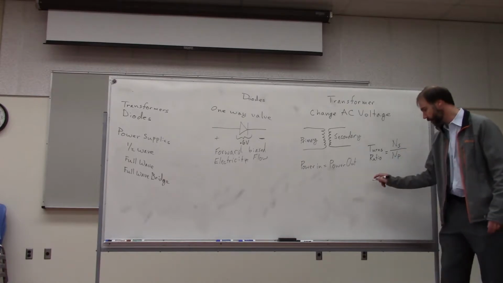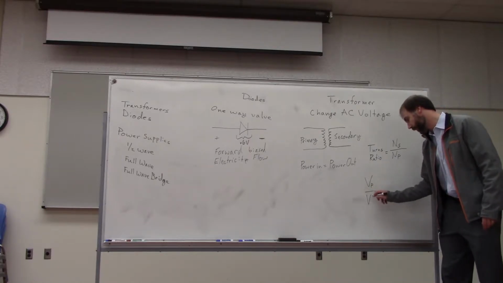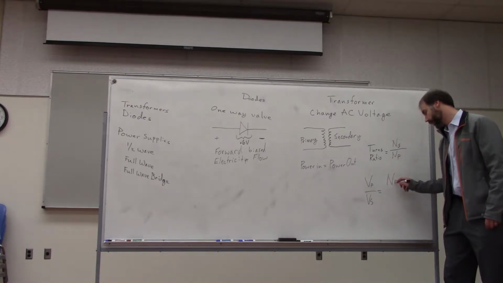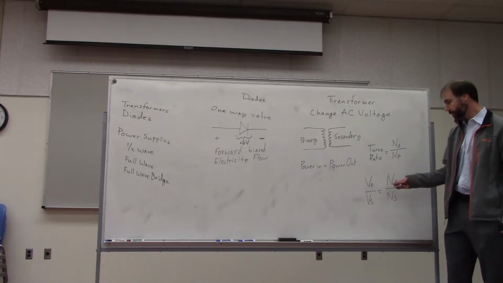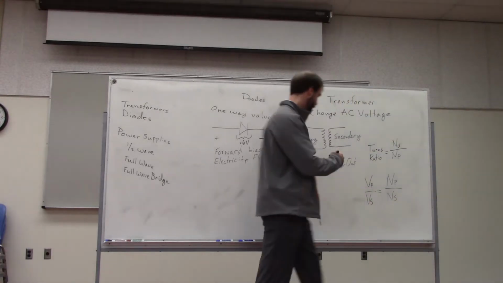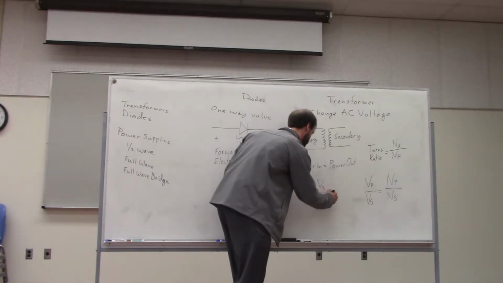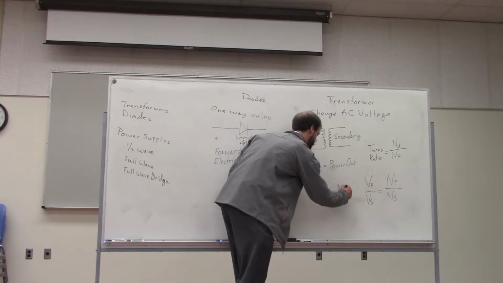The main equation that's important is that the voltage of the primary over the voltage of the secondary equals the number of turns of the primary over the number of turns of the secondary. This equation works if it's like that, or if it's Vs over Vp equals Ns over Np.